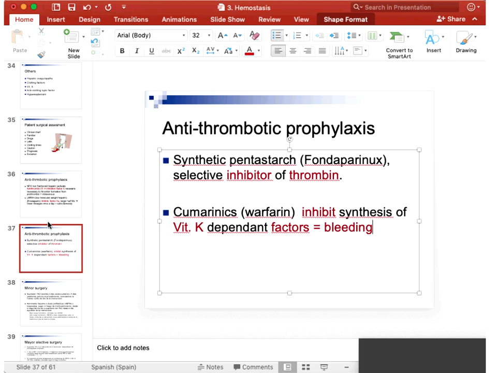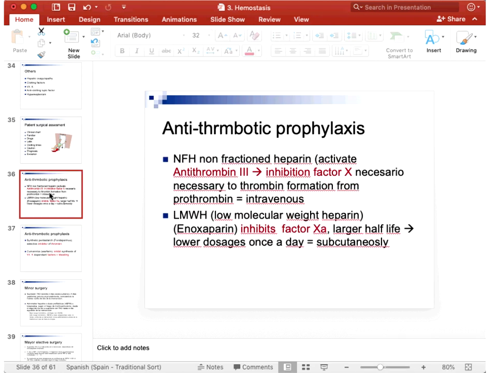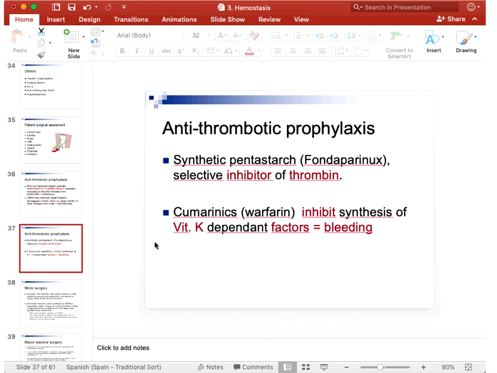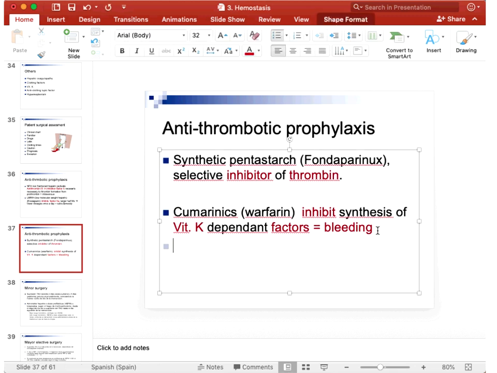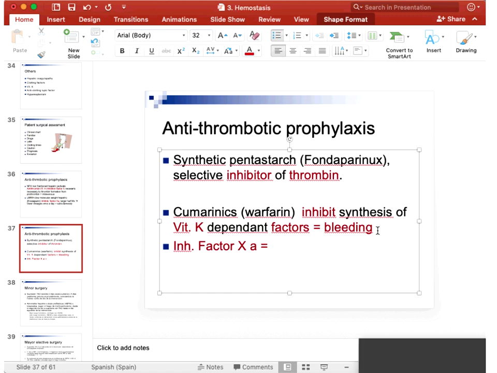So the best way to induce a prophylaxis is with heparins, either non-fractionated or the newer one, which is a low molecular weight heparin. Now there are the newest medications. They are the inhibitor of activated factor 10, which is rivaroxaban.